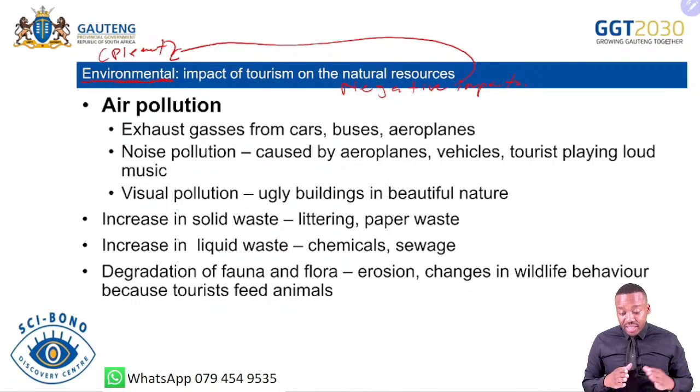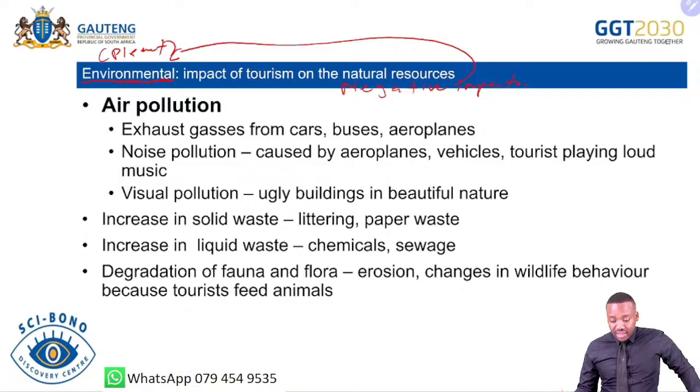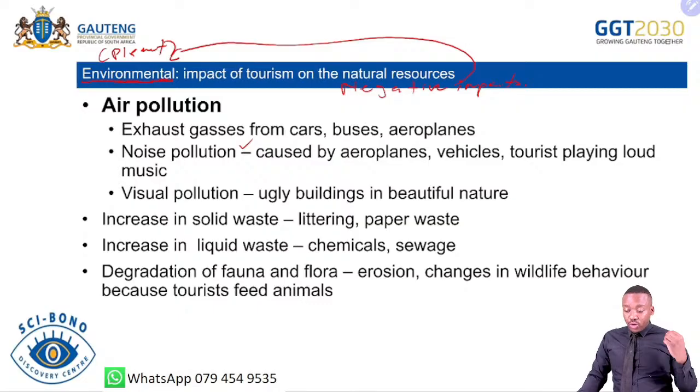So the first one, it is air pollution. In what way? Exhaust gases from cars, buses and aeroplanes, they contribute towards air pollution. The second one, noise pollution. In what way? The noise caused by aeroplanes, the vehicles and tourists playing loud music, right? This is part of their negative impacts on the environment.